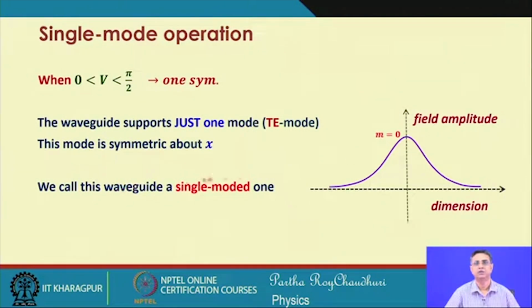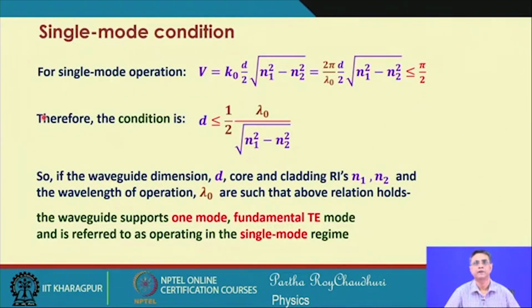We call this waveguide a single mode waveguide, which is very relevant and very important in the science of optical waveguides. For single mode operation, V equal to this quantity, because we have defined this.